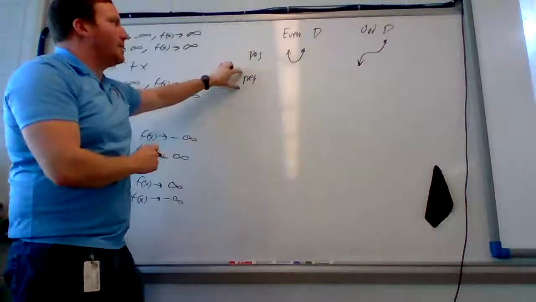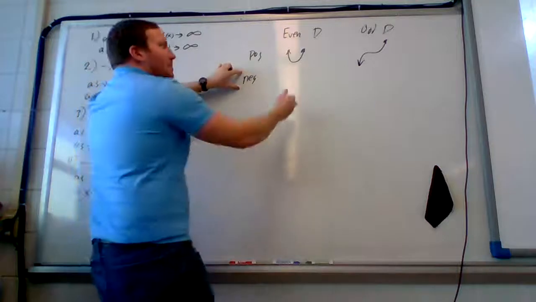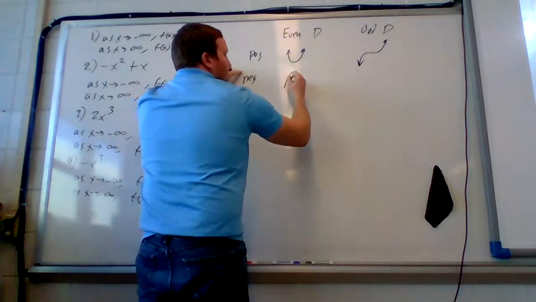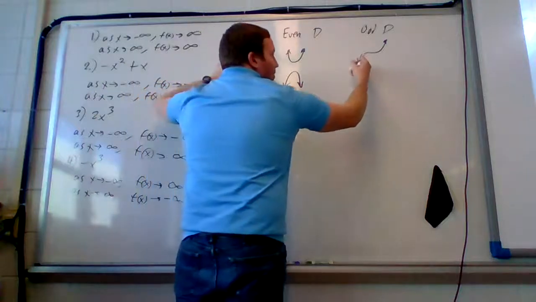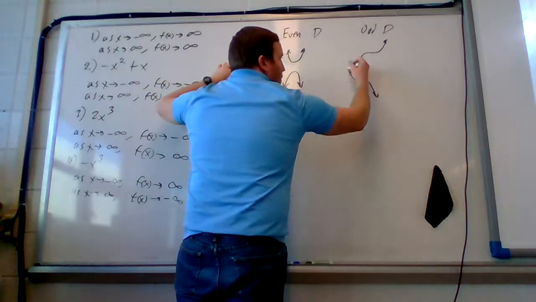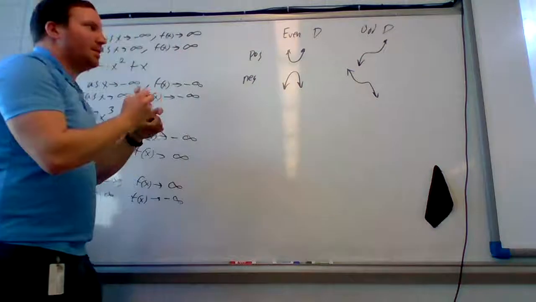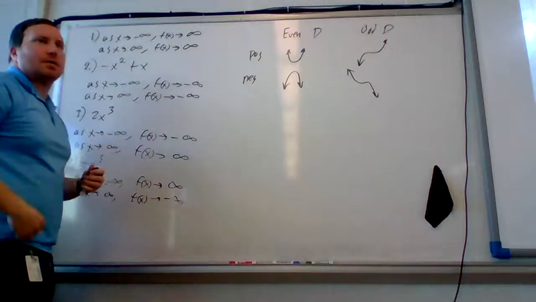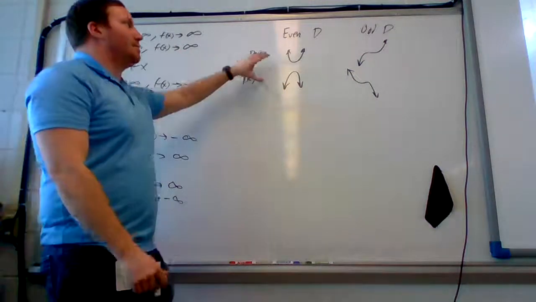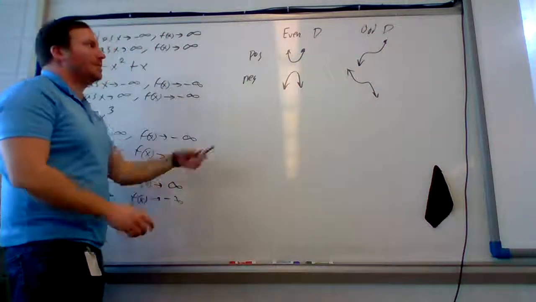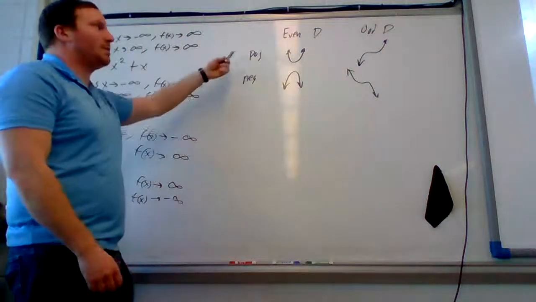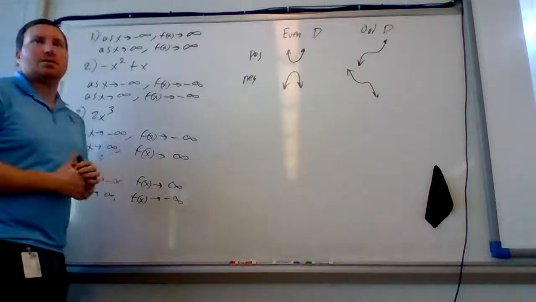If it's even degree but negative, now it's going to be upside down. If it's an odd degree and negative, going to have that opposite S shape. Okay. This is true for any even or odd degree function, based off your leading coefficient being positive or negative. Those are your shapes. Okay.